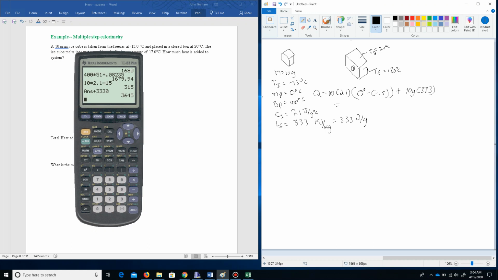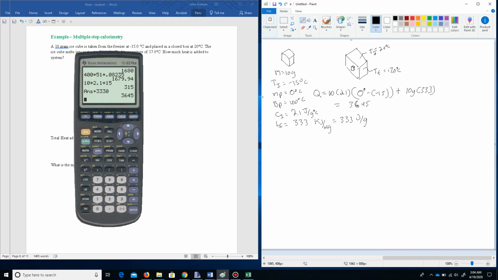So 3645. That's to bring it up to 0. Now I could have added this with the third part. I actually forgot, but we're only at 0 degrees. We gotta go up to 17. That's where it reaches. So I'll add this number to that.